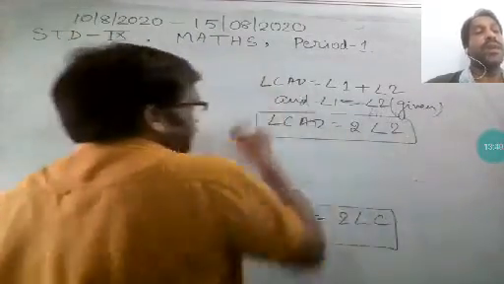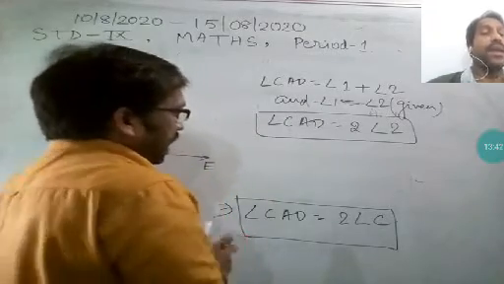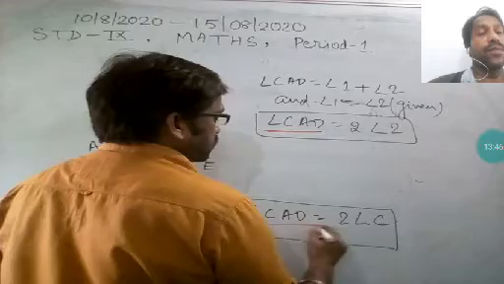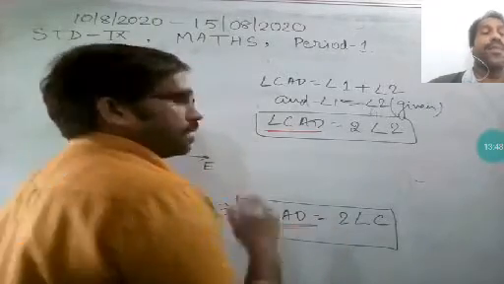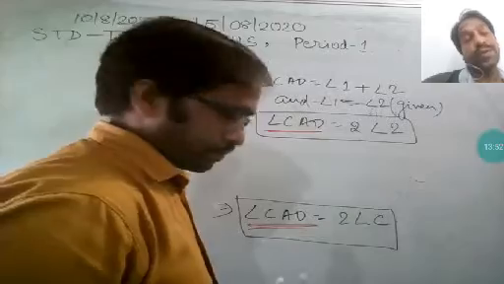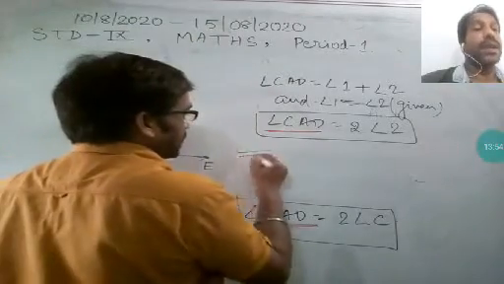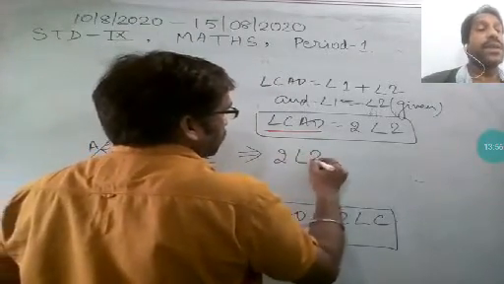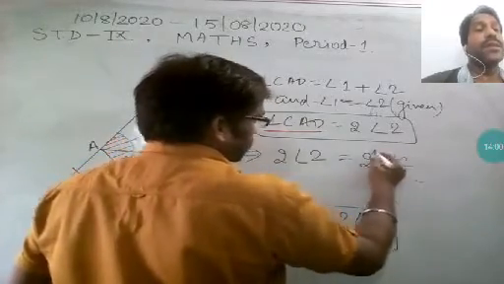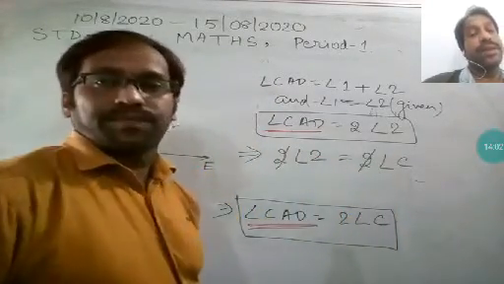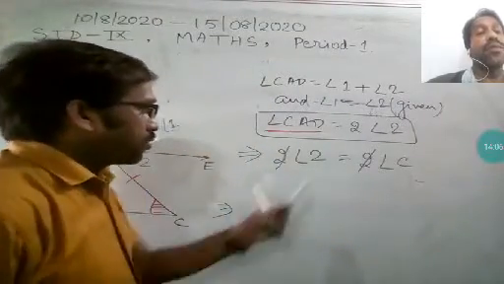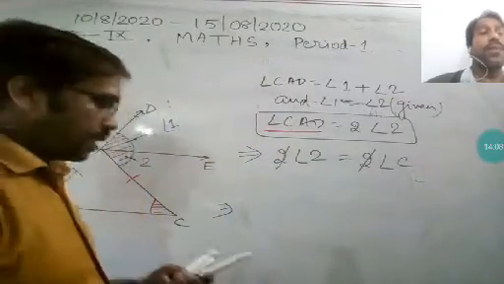Now see this box and the downside box, this is also CAD. If both are equal, then their RHS part will also be equal. So twice of angle 2 is equal to twice of angle C also. So angle 2 is equal to angle C.